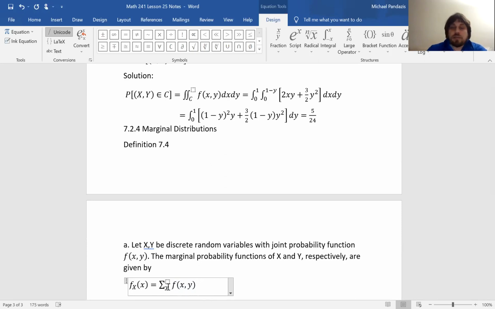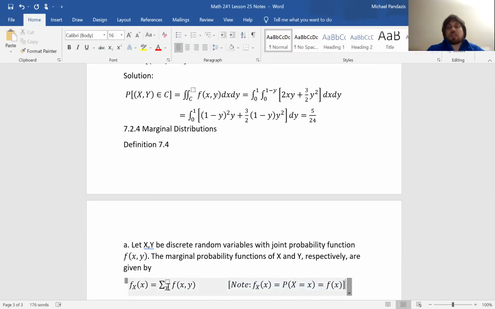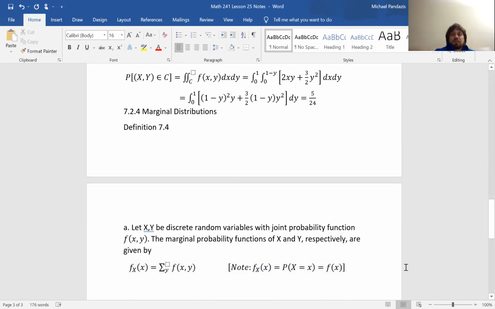Note that f sub X of x is equal to the probability that capital X equals little x, which is equal to regular f of x.